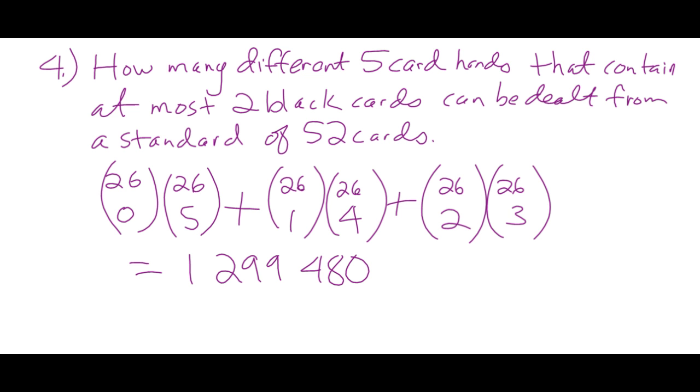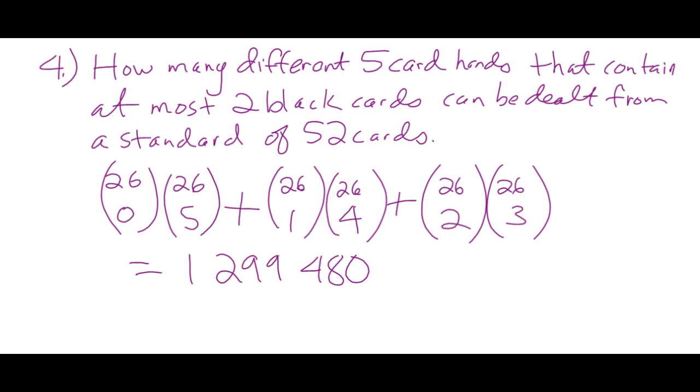So a pretty large number of ways that a 5-card hand could contain at most 2 black cards, right? No black card, or, which operation is that? Or is add, so that's plus, and is multiply, right?